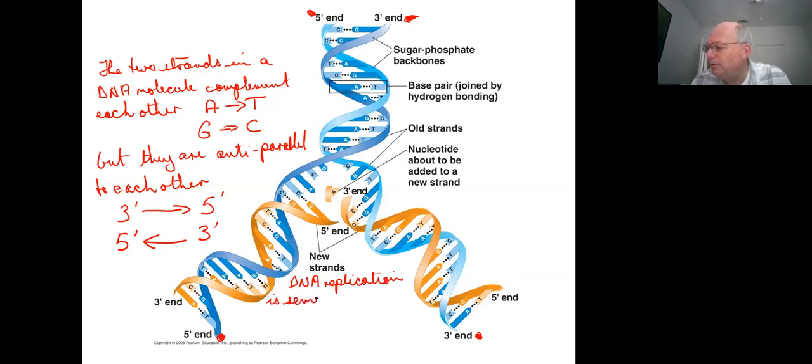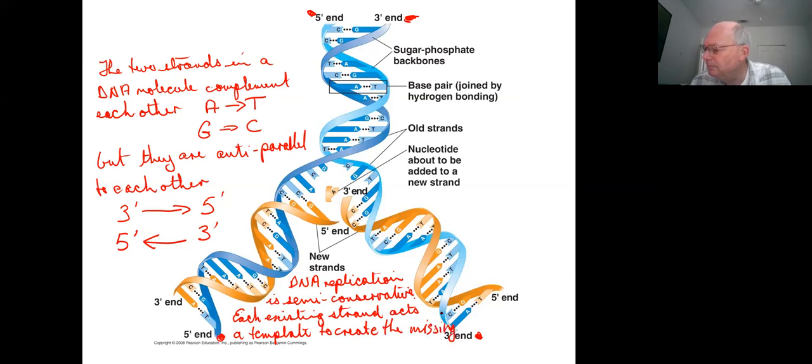So I'll put in here that DNA replication is semi-conservative. Each existing strand acts as a template to create the missing strand, using the base pairing rules.